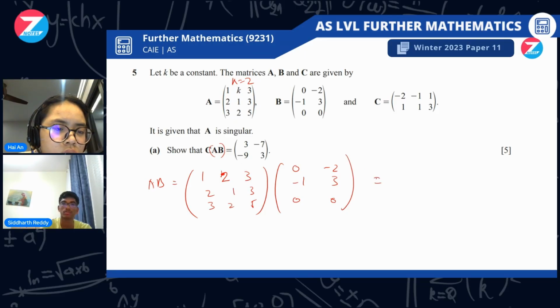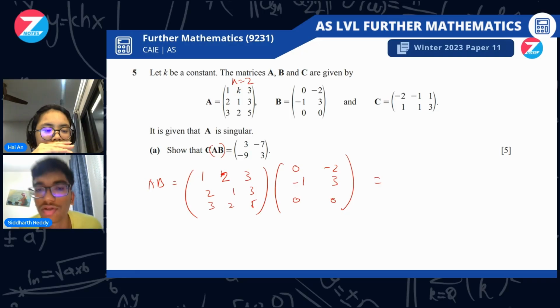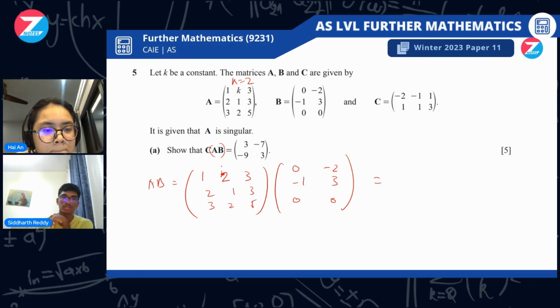Because you should know matrix multiplication if you're taking further maths, it's rather complicated to show on screen, but it's basically multiply each row by the corresponding column elements of the other matrix. So 1 times 0 plus 2 times minus 1 plus 3 times 0, which is minus 2 for the top left element.